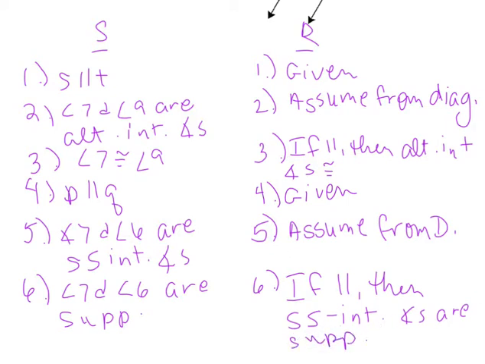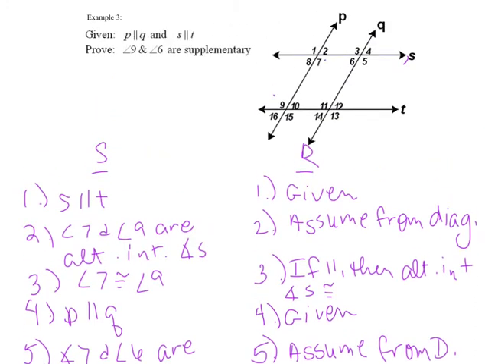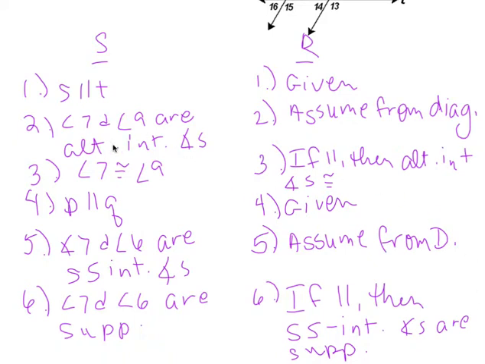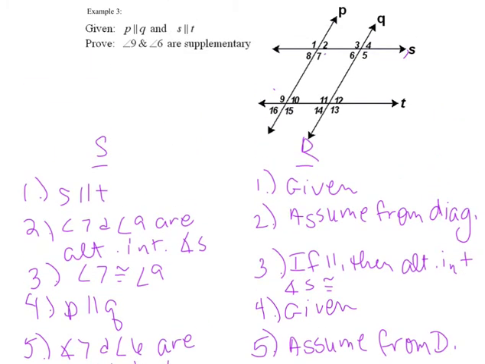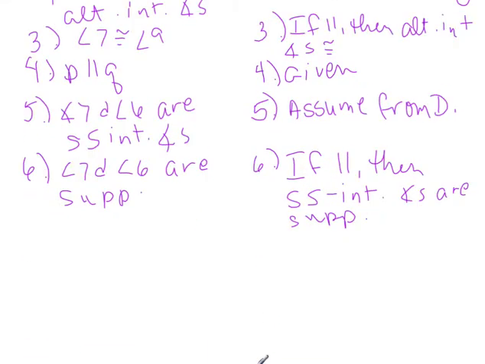Oh, I'm so close now. What I want to show is that angle 9 and angle 6 are supplementary. And you can see that angle 9 is congruent to angle 7. Angle 7 is congruent to angle 6. So therefore, angle 9 and angle 6 are supplementary. So one more reason. Angle 9 and angle 6 are supplementary.